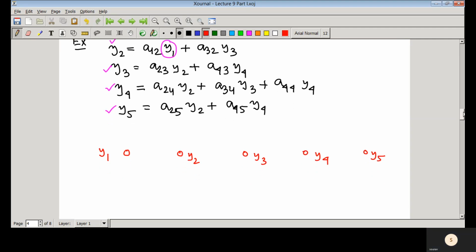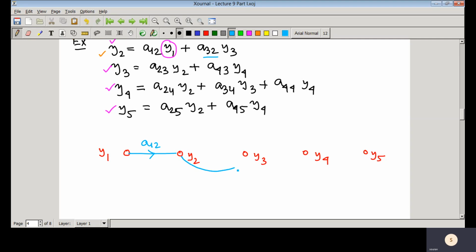Then what is Y2? Just concentrate on this particular algebraic equation. Y2 equal to A12 into Y1. A12 into Y1 means there is a path here, and this path's gain is A12. There is another term here, that is Y3.